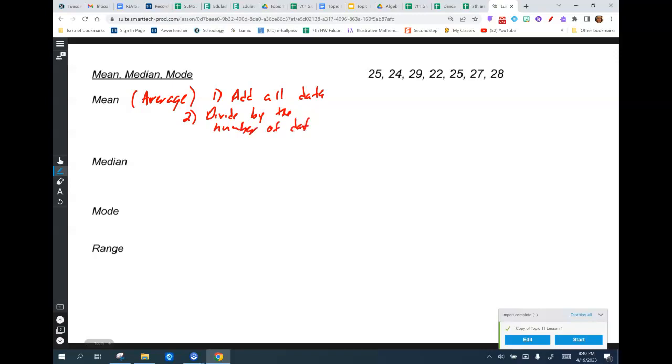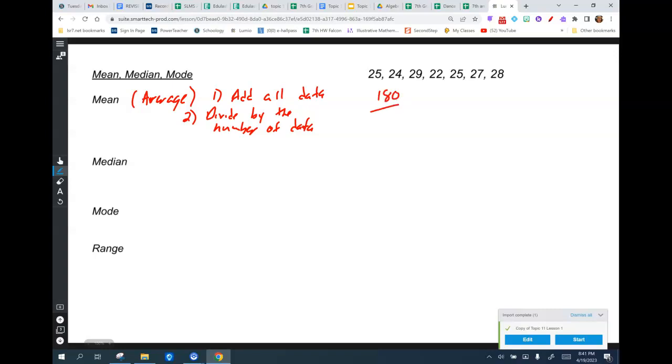Okay. So for instance, if I'm doing these numbers here, 25, 24, 29, 22, 25, 27, 28. First thing I'm going to do is I'm going to add those all up using my calculator. And I got 180.